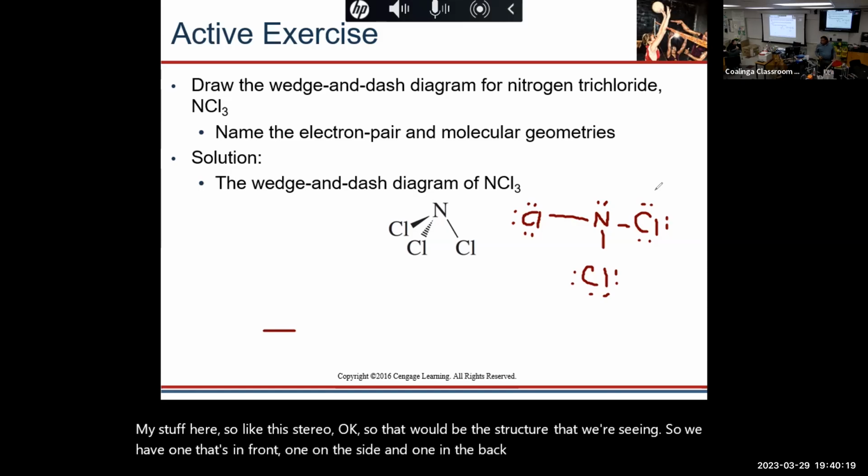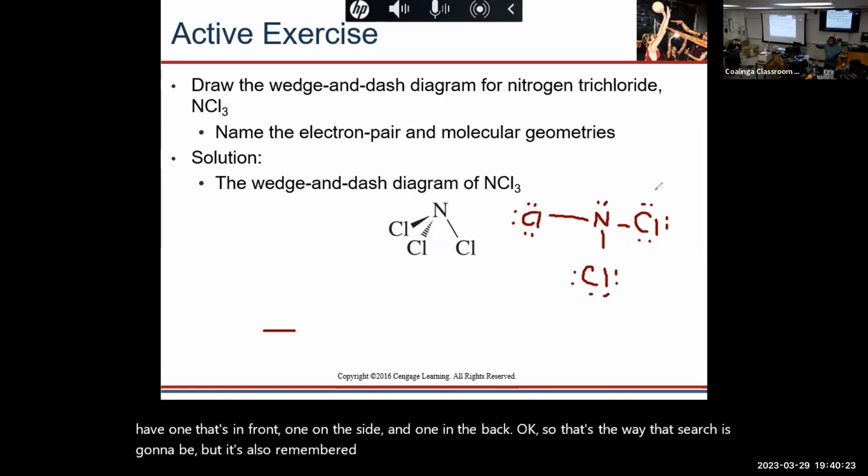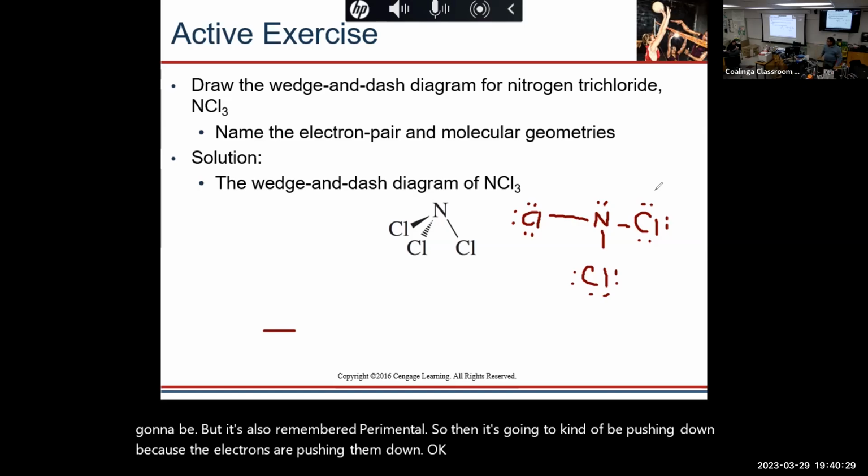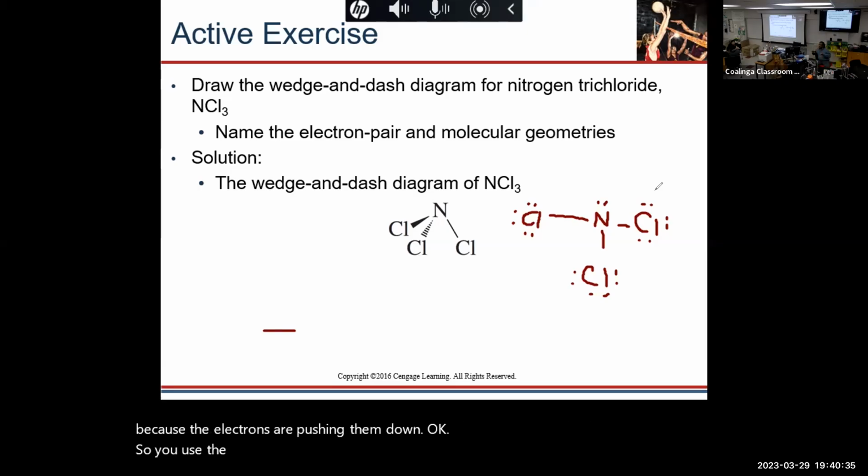That's the way that structure is going to be, but remember, it's also going to be pushed down because the lone pair electrons are pushing them down. So you use the wedge dash to give us that 3D structure, and that's what it's typically for.